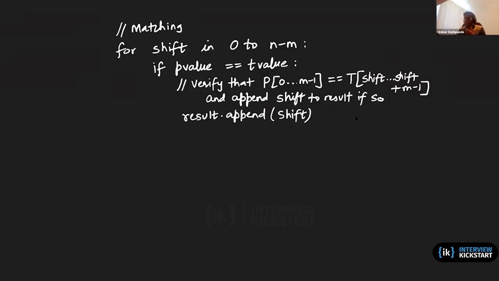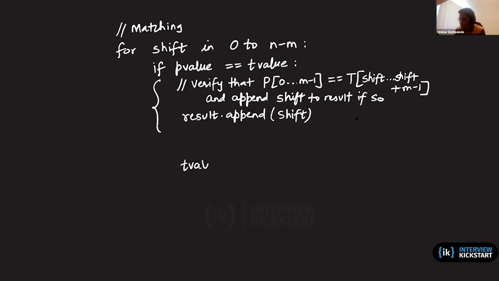Now, the p-value remains the same, of course, but the t-value has to be updated. So every time, irrespective of whether or not there is a match, the next t-value will have to be obtained from the previous t-value by applying the same formula.